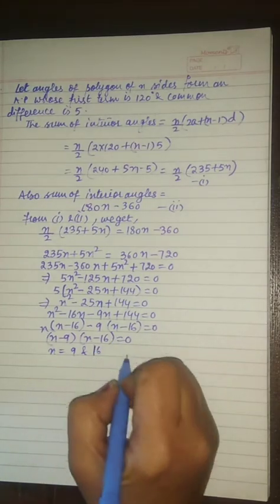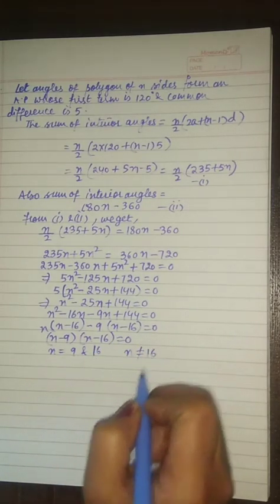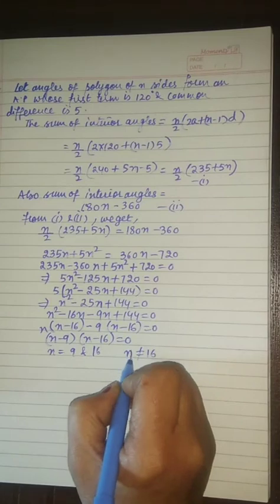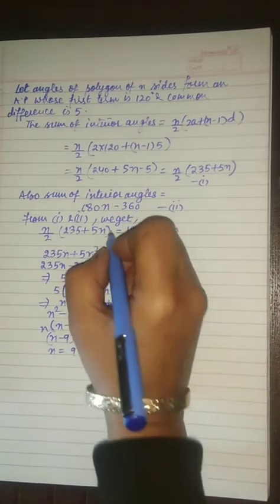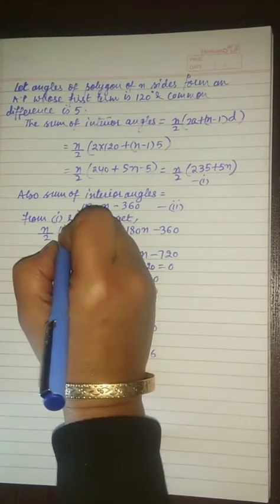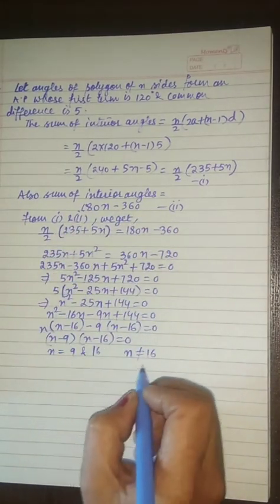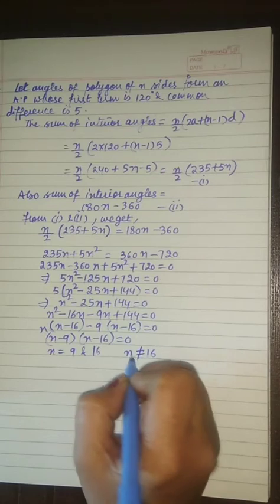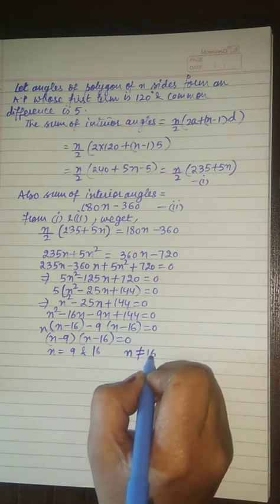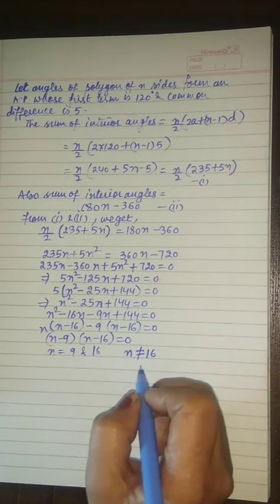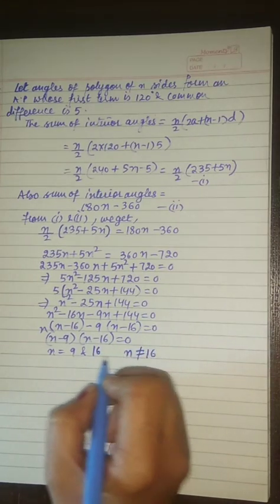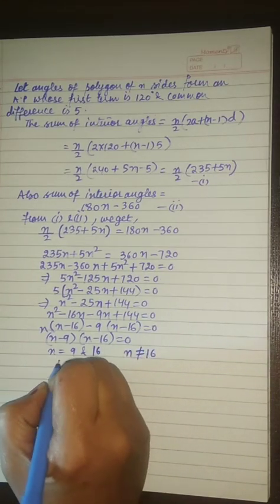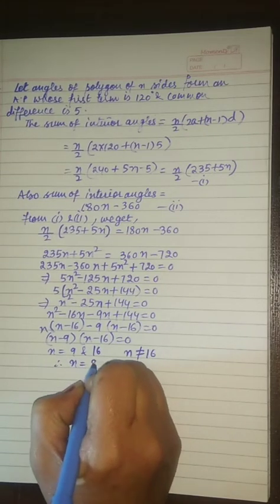So n cannot be equal to 16, because if n is equal to 16, then the interior angle as well as the exterior angle will be too large. So sides cannot be 16. So we are left with only one value, therefore n is equal to 9.